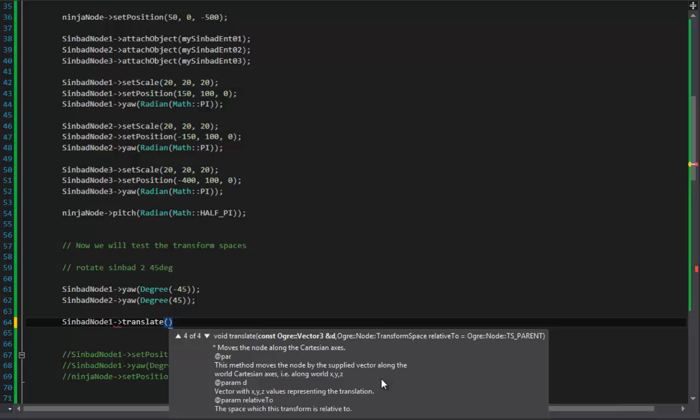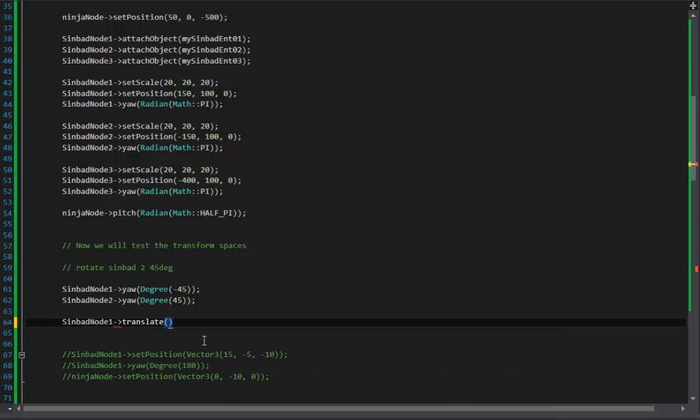So the coordinate systems you can use by default are TS parent, which translates you with respect to your parent. The other options are TS local, which is with respect to your own transformation system, or TS world, which is with respect to the global coordinate system.